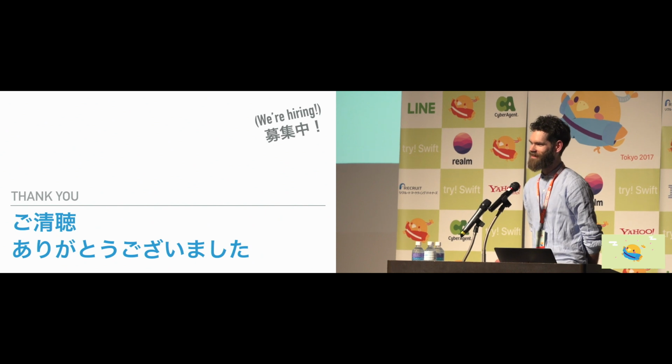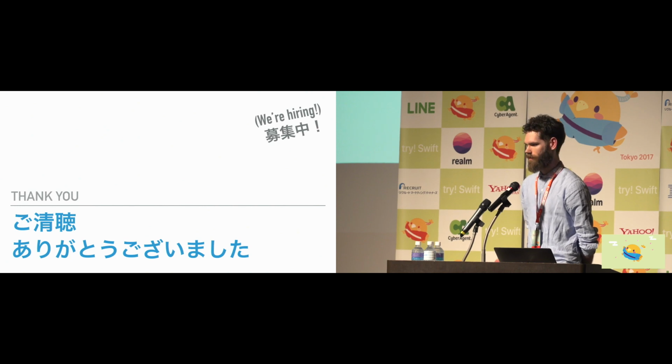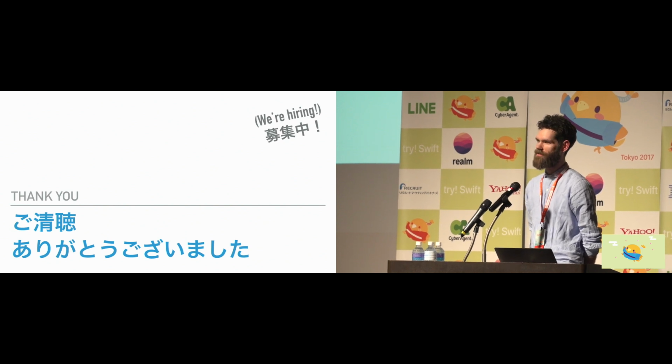Yeah, that's a good question. It's kind of hard to say without a concrete example. But in my code, personally, I do use the exclamation point to force unwrap from time to time.